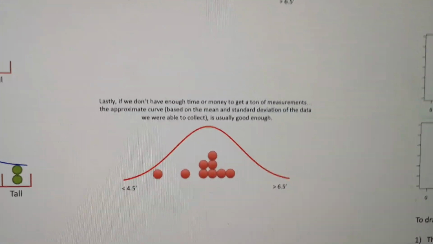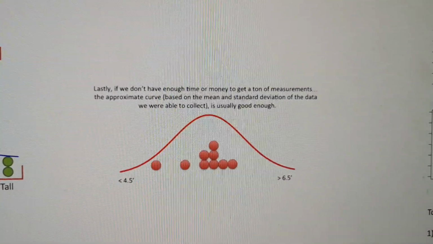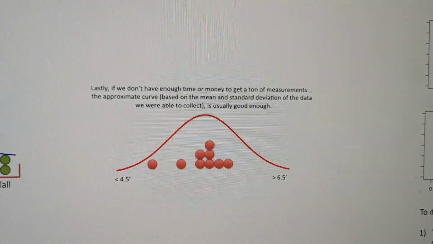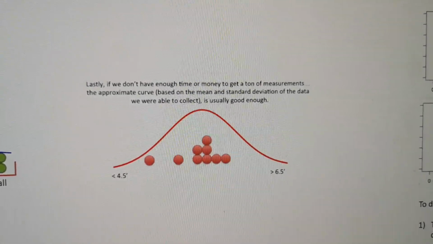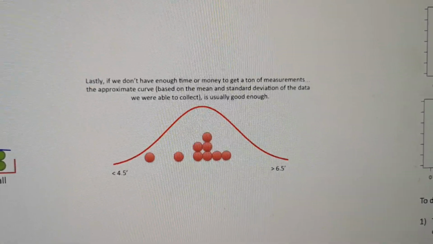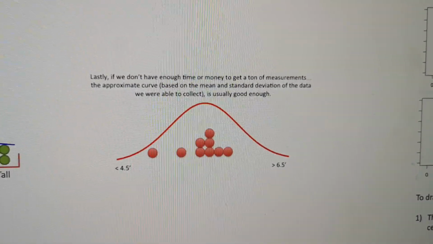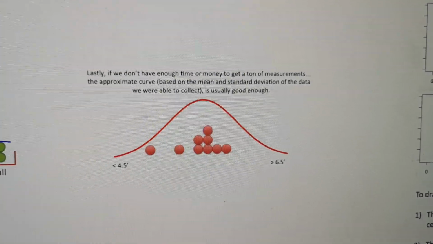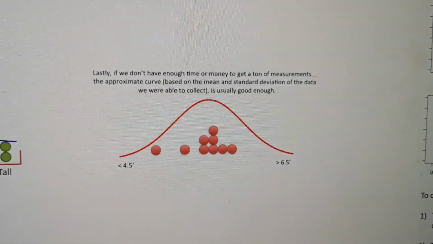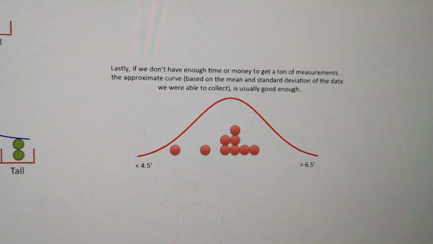And the third part is that if we don't have enough time or money to get enough samples, then we can use the distribution to get approximate information. It can be good enough for some preliminary understanding of the data.